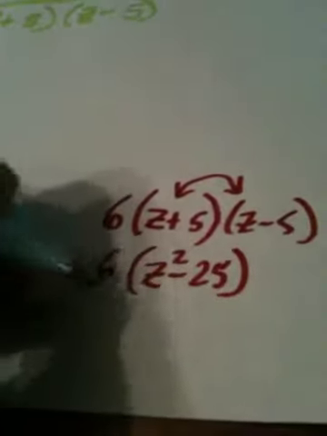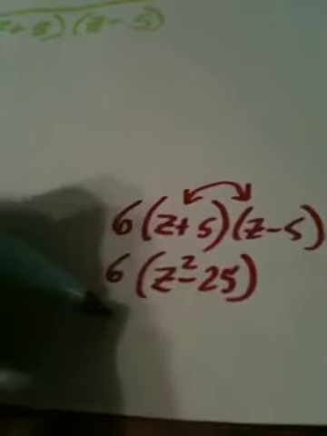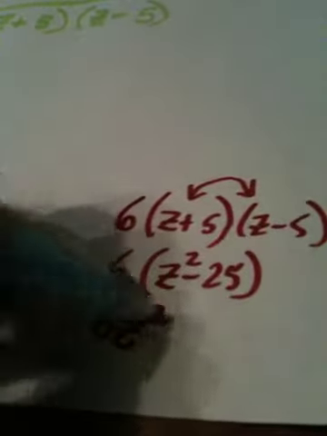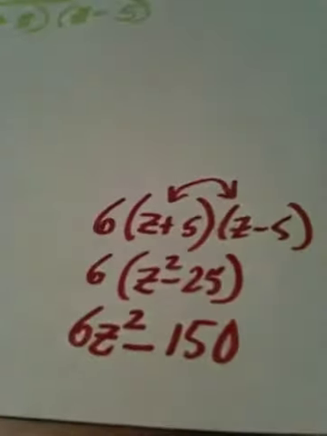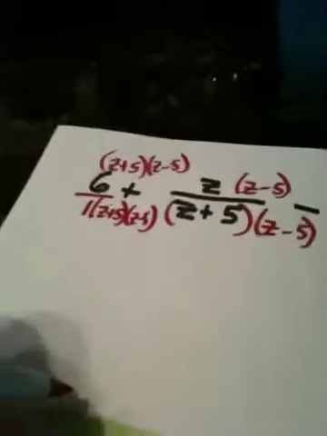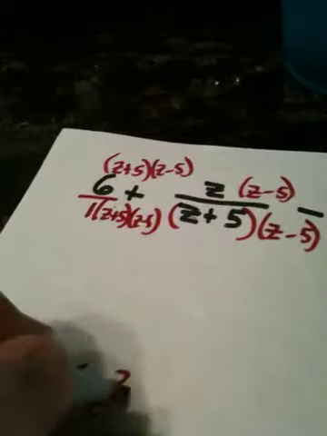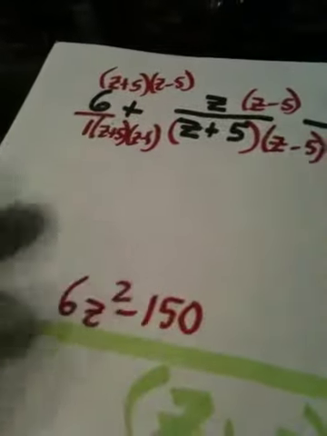When I put a 6 in front, I'm distributing the 6. That gives me 6z squared minus 150. So, this times this times this became 6z squared minus 150.